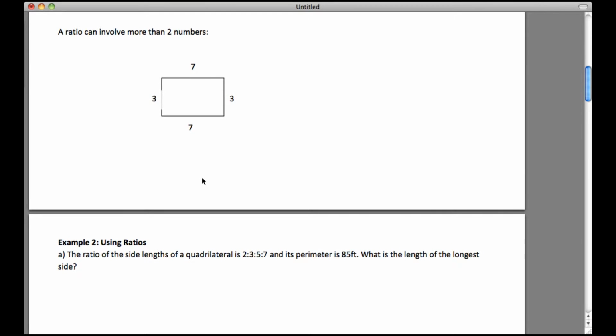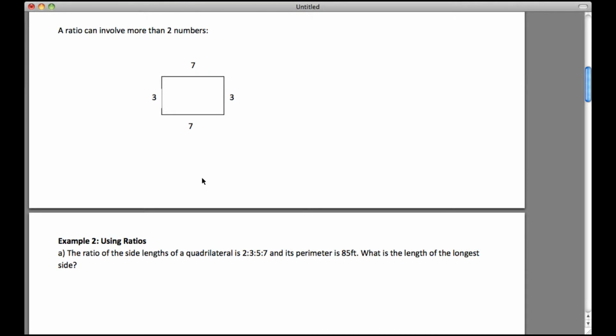A ratio could possibly involve more than 2 numbers. Okay? And so the ratio of the sides in this rectangle is equal to 3 to 7 to 3 to 7. That's the ratio of the sides in this rectangle. In example 2, when we use these ratios, we're going to be able to solve for the lengths of sides using this and perimeter.